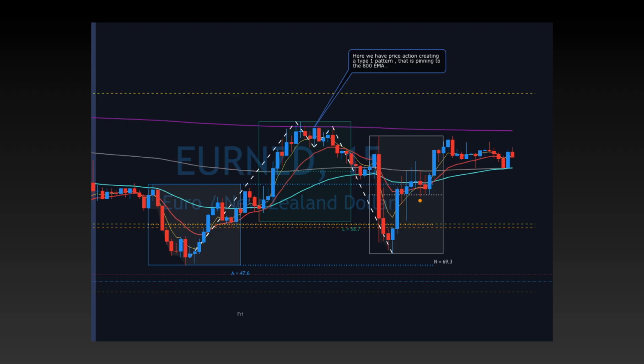So here's another one. Here's a type 1 pattern where price action is pinning to an 800 EMA. The important thing about this one that I want you to pay attention to is the apex of this type 1.